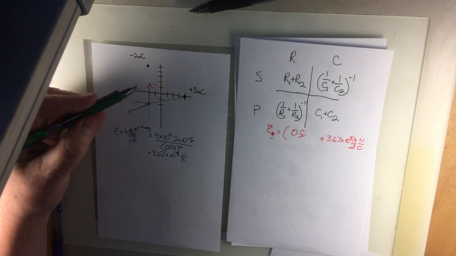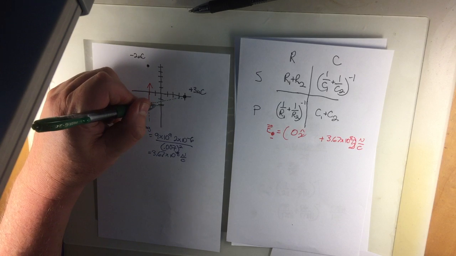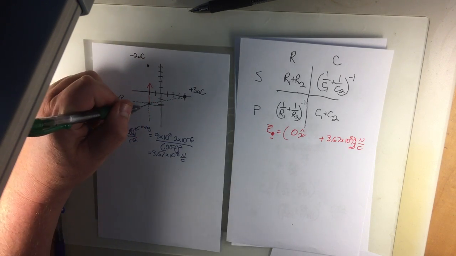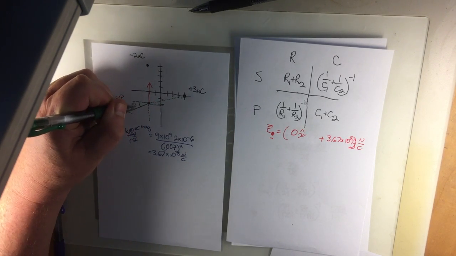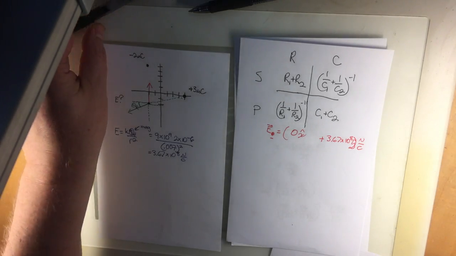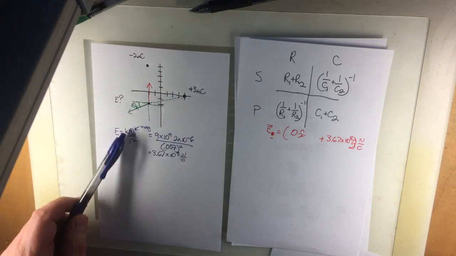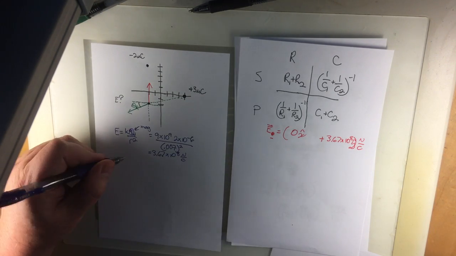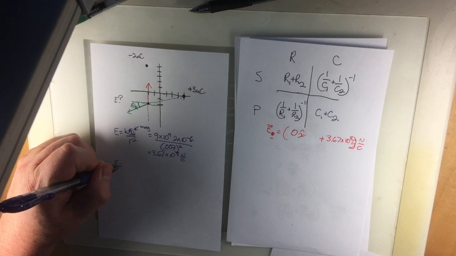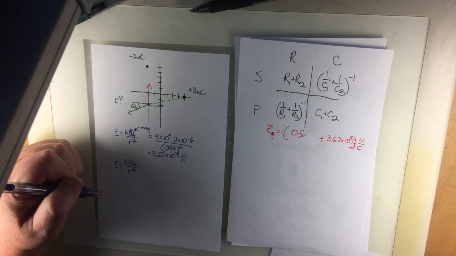Now when you look at this right here, I've kind of drawn a little mini origin, and this is the reference angle that I'm looking for. But I still need to do the same thing that we did up here. I need to find the magnitude of the E field. So once again, E is K Q2 over R squared.